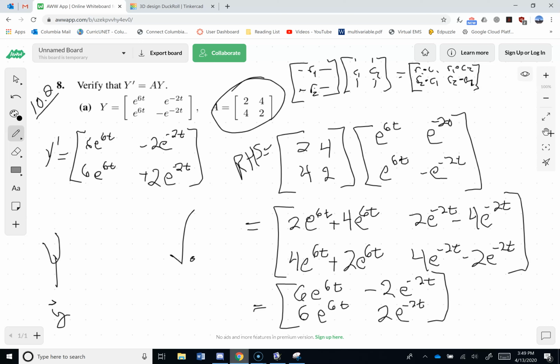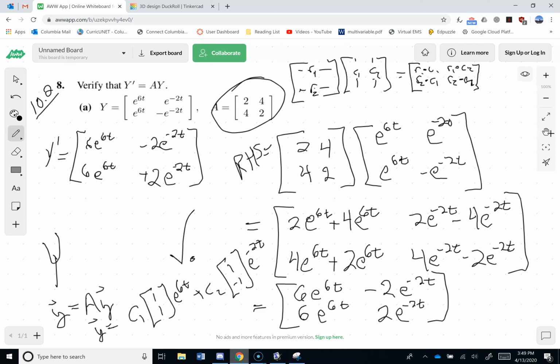And in problem number 1, I had y prime was Ay. And they told me that lowercase y, the vector solution, was C1 times the vector 1, 1 e to the 6t plus C2 times the vector 1, minus 1 e to the minus 2t.